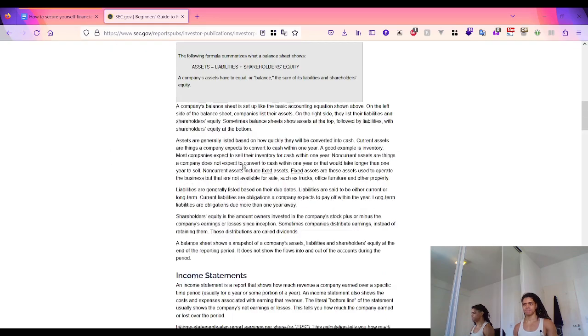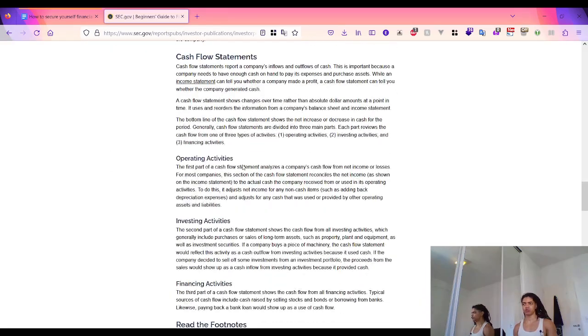Okay, so I'm going to jump straight forward to the cash flow statement, a report that shows the company's inflow and outflow of cash. And this is very important because a company needs to have cash on hand to pay its expenses or purchase assets.